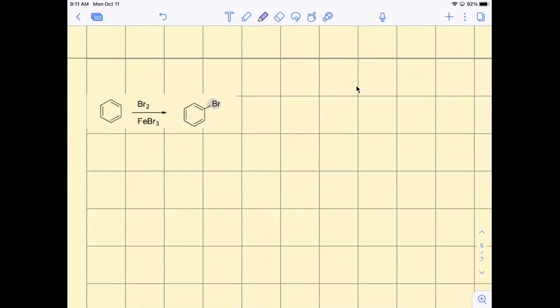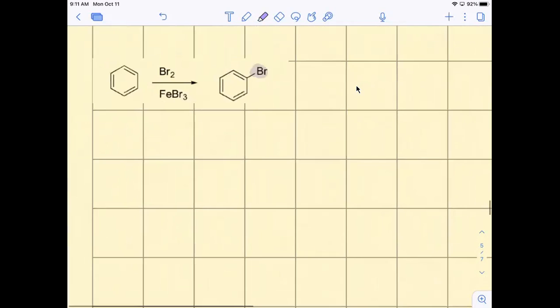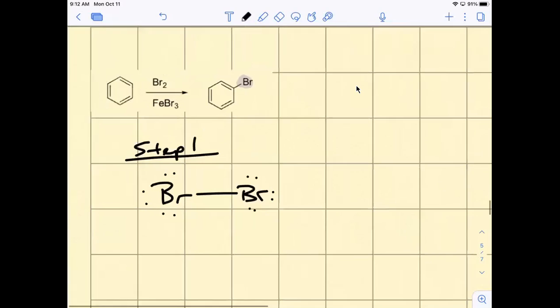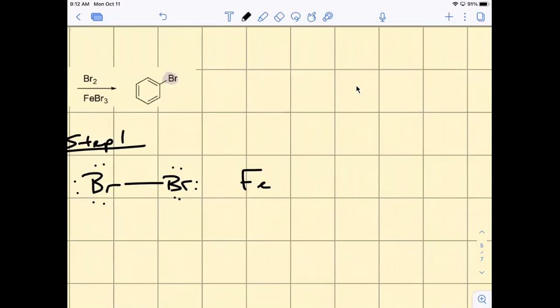All right, so in the first step of this reaction, your bromine is going to be activated. So it has lone pairs of electrons that can actually make a complex with iron.